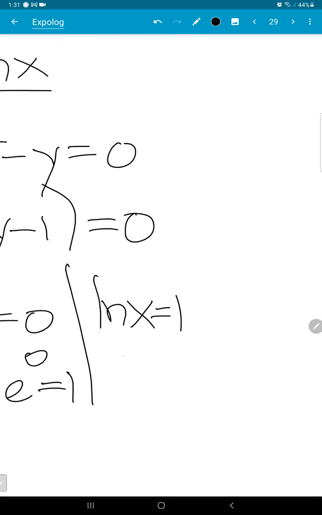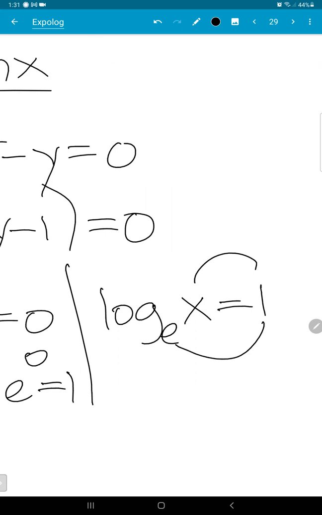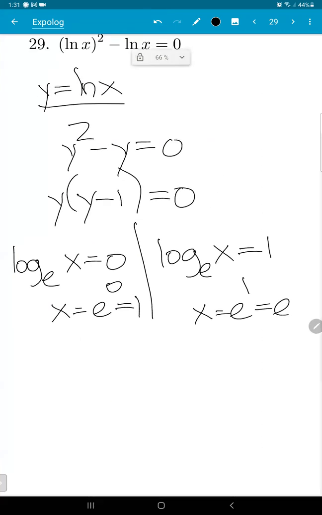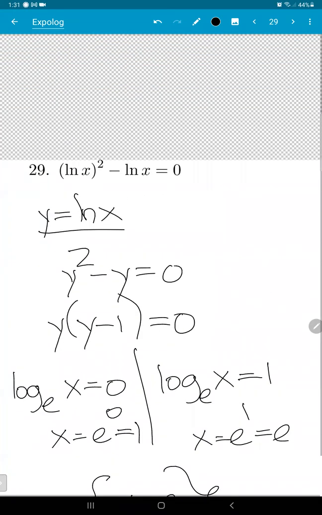And then for this one, same thing. e to the 1 equals x, or e. Okay? So you get two possible valid answers.